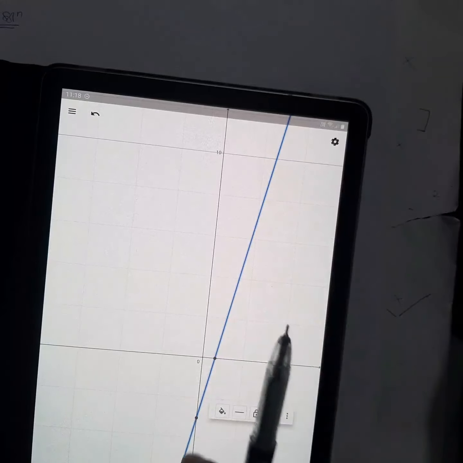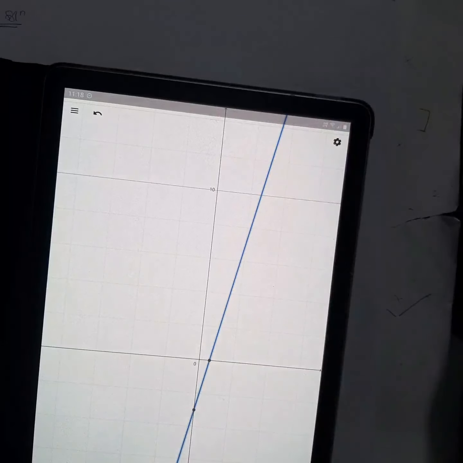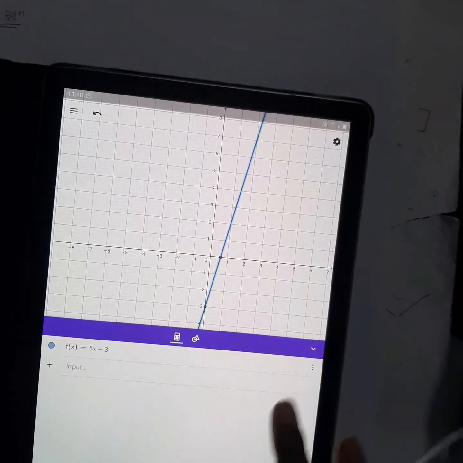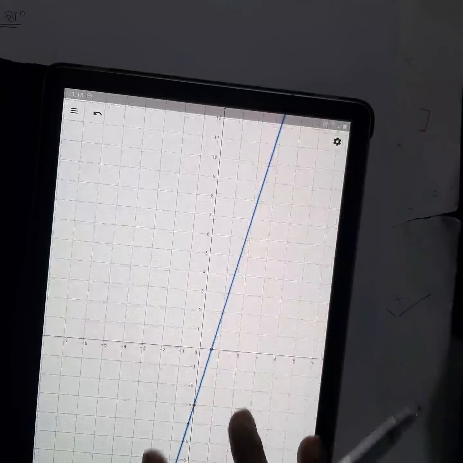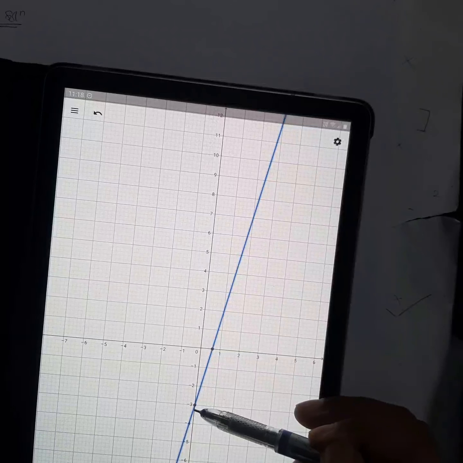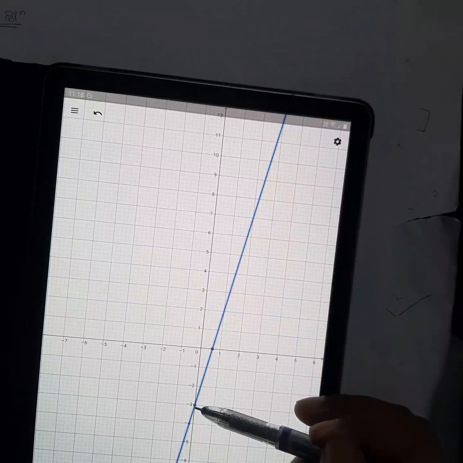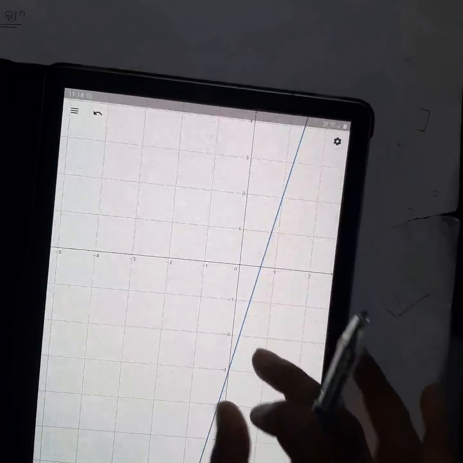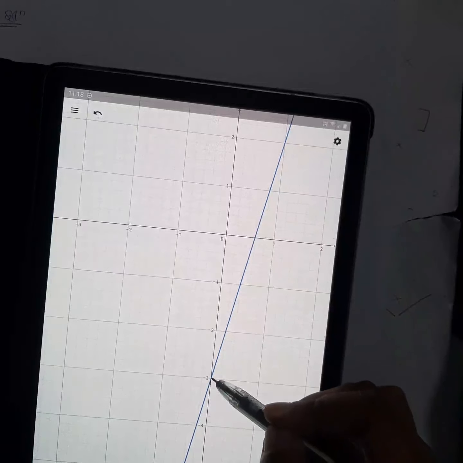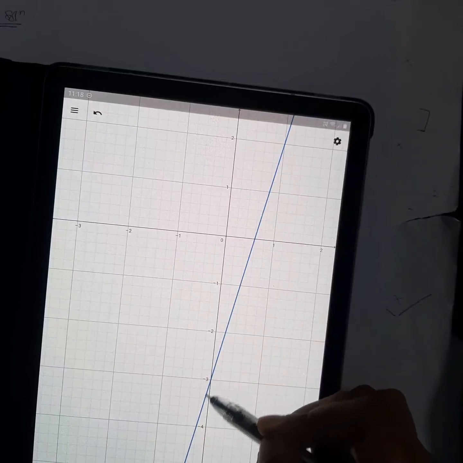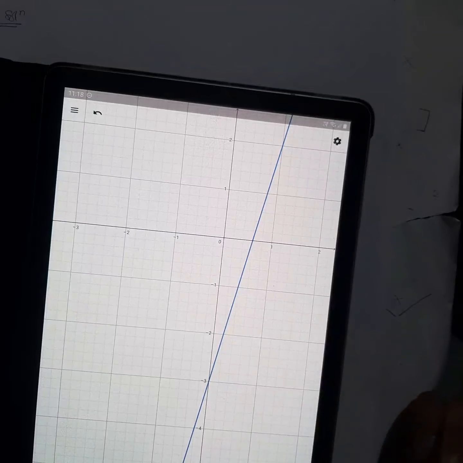So let me change this one. Okay, so I have changed the unit. So you can see as your x is 0, y is minus 3. Now at this point I have to check whether the function is continuous. You can see at f(x) equal to minus 3, this graph is not breaking. So obviously this is continuous, right?